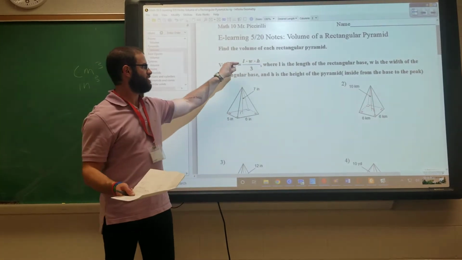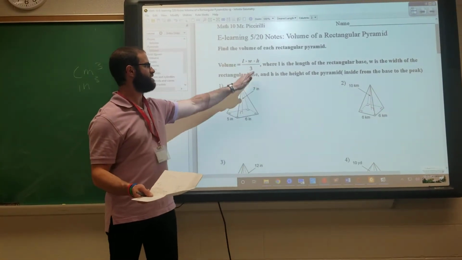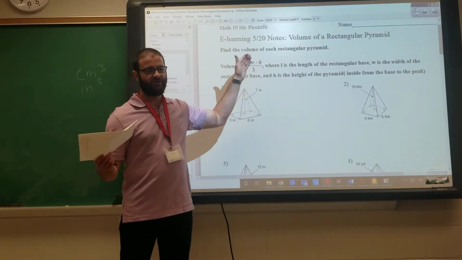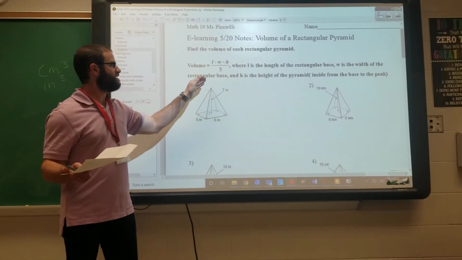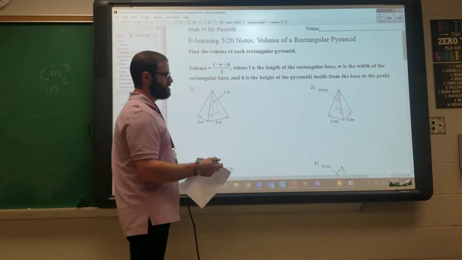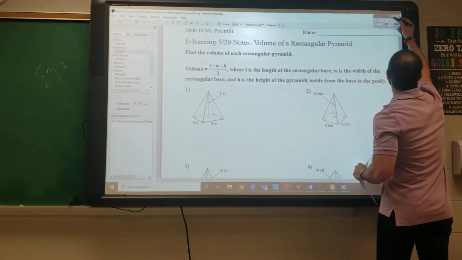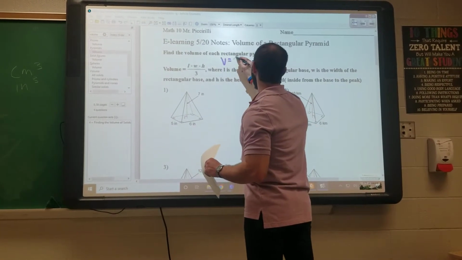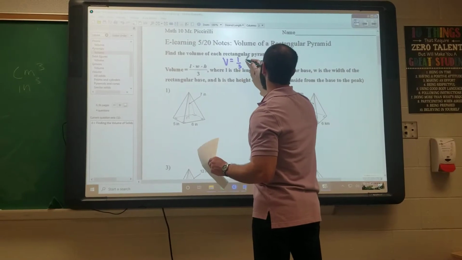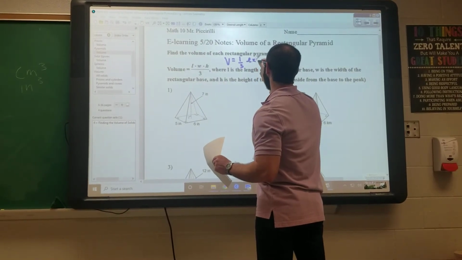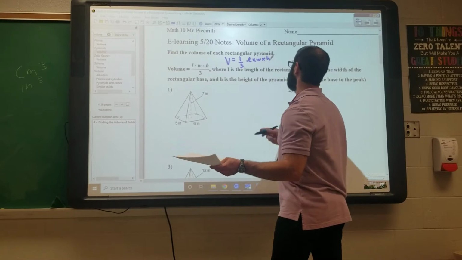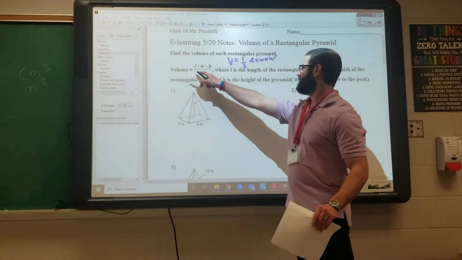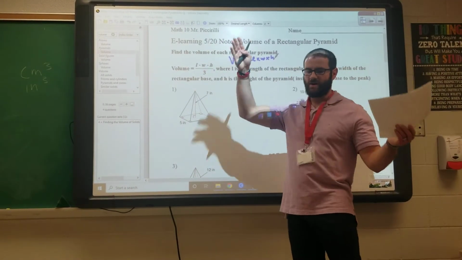Or another way to think about it, if you prefer, volume equals 1/3 times the length, times the width, times the height. But I find it easier to just do length times width times height then divide by 3.